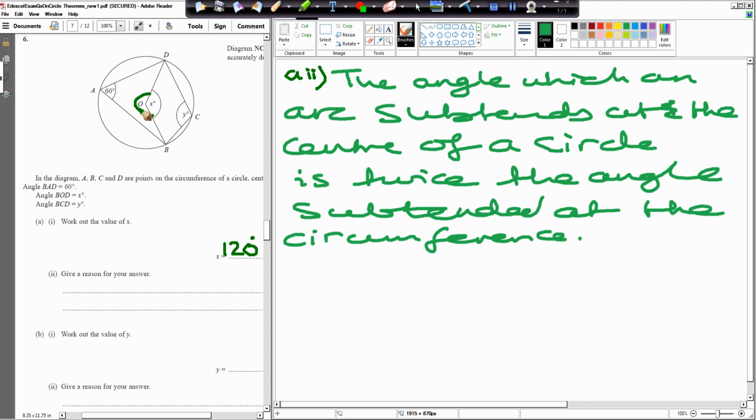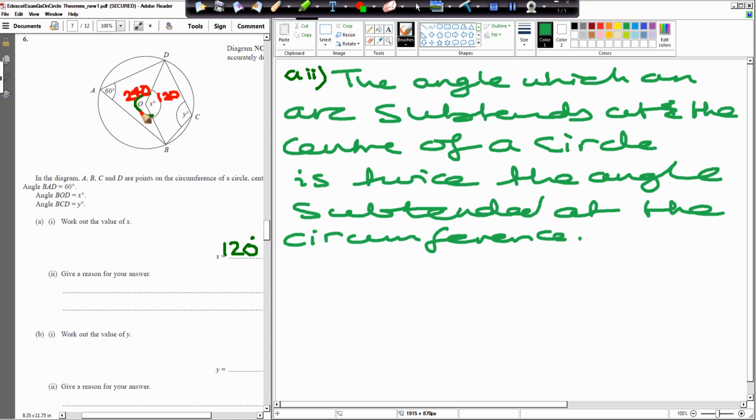What did we just work out? We worked out angle x is equal to 120. If that's 120 here, then these two angles around a point add up to 360, so this angle here will be 240.